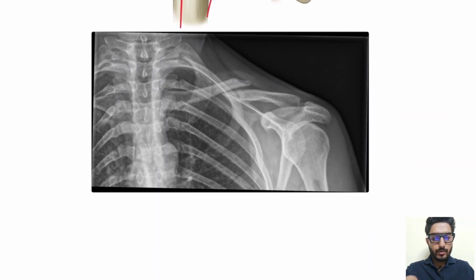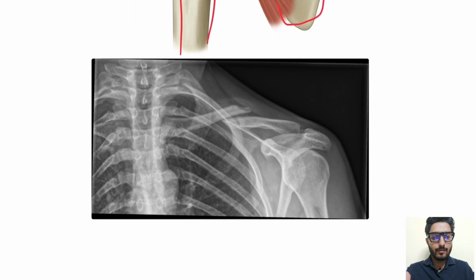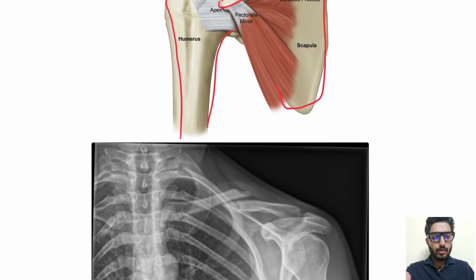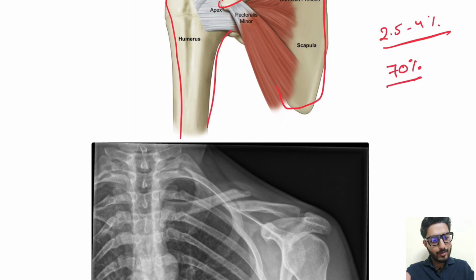Coming to the X-ray of fracture clavicle, first we should know the incidence in our country. It is around 2 to 4% of the adult population, and around 70% of the fractures are from the mid shaft or the middle third.